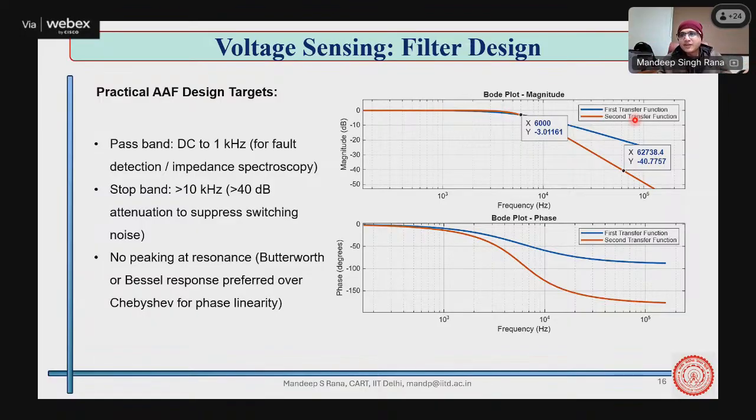But if there is a switching frequency component at, let's say, 100 kilohertz or so, you are actually trying to attenuate that component to a very small value. So what does it mean? Mathematically speaking, minus 40 dB. Minus 40 dB means you are making the signal 1 by 100 times smaller.